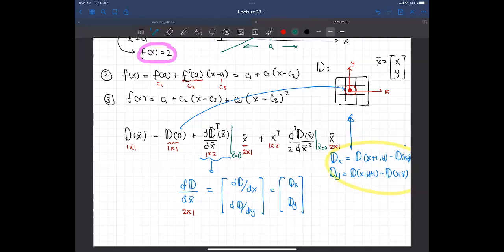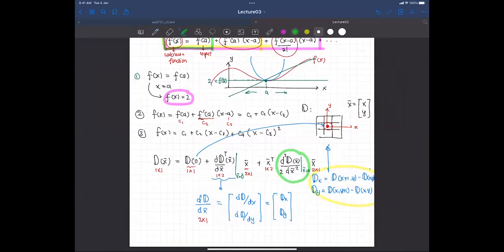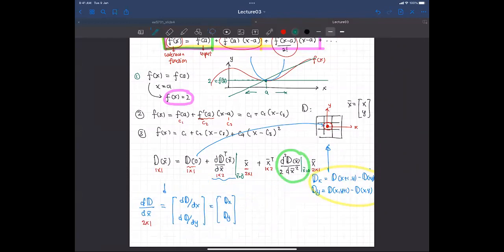Now the question is, what is the meaning of this, right? What is the meaning of that? Okay, so let's take a look at the meaning of that. This one, the second derivative of the matrix, d squared D divided by dx bar squared.